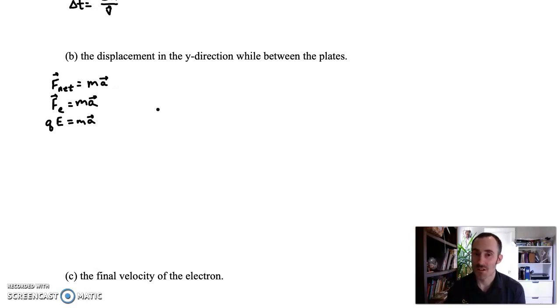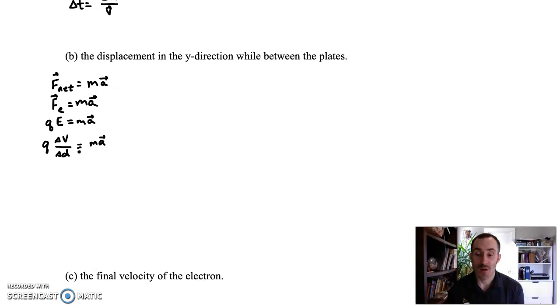Now, we still don't have field strength. We have charge and we have mass, but we don't have the field strength to figure out the acceleration. But we do know that field strength is also equal to voltage divided by distance, or divided by separation. So Q times change in V, voltage that is, divided by change in d is equal to ma.